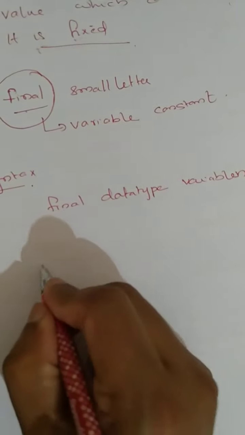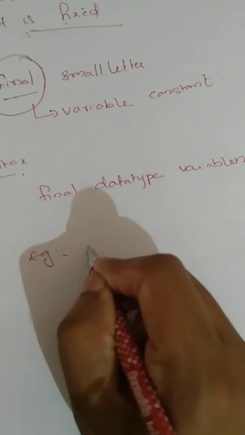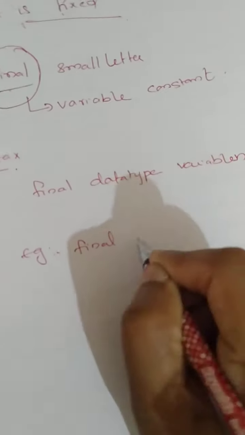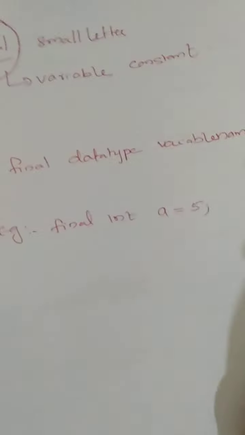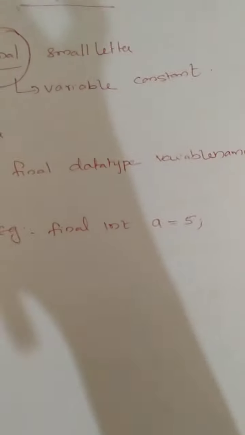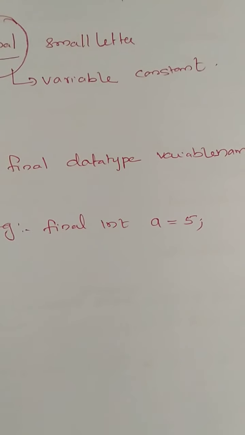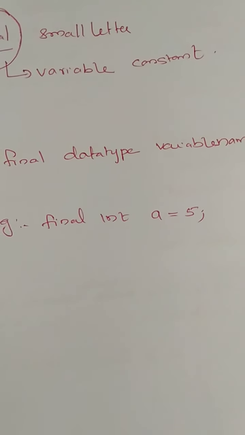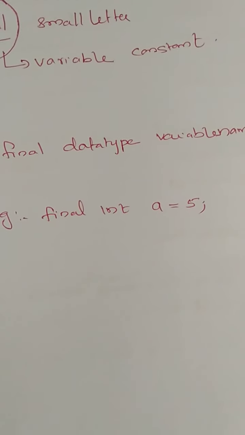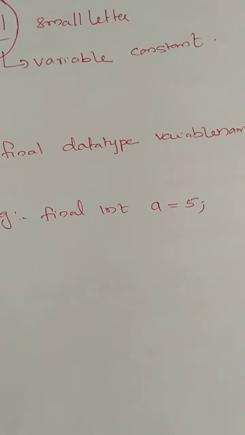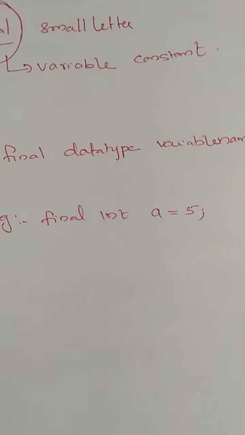I will show you an example. final int a = 5. When I declare final int a = 5, then a's value is 5 throughout the program. You cannot make any changes in a.